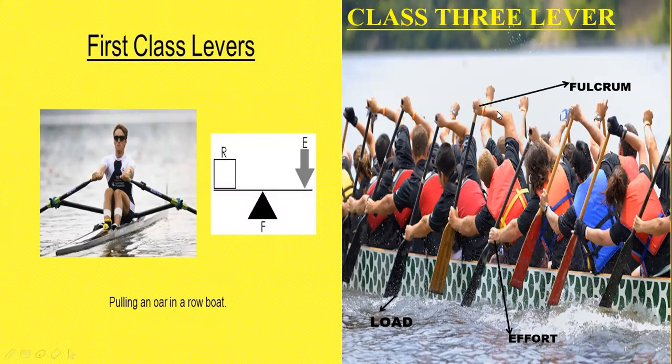The one end of the oar, which the person is holding, acts as the fulcrum. Water on the other end of the oar acts as the load, and with the second hand, the person applies effort in the middle of the oar. Therefore, here the oar, which is a short handle oar, is acting as a class 3 lever.